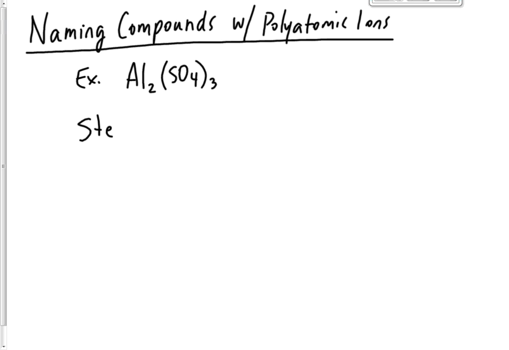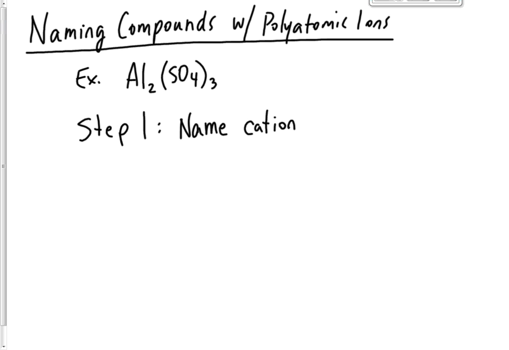Step number one is still to name the cation. Now, in the previous video, we talked about binary. I said just name the metal. Well, the metal is always the cation because it makes the positive charge. In this case, we have a couple of polyatomic ions that can be written first. So technically, they're not metals, they are cations.